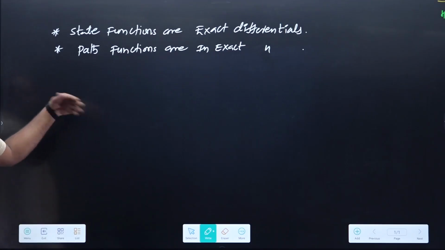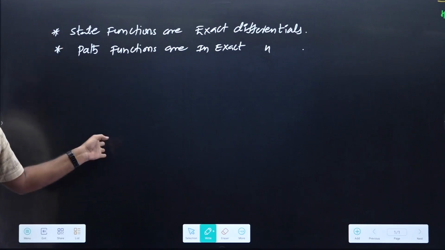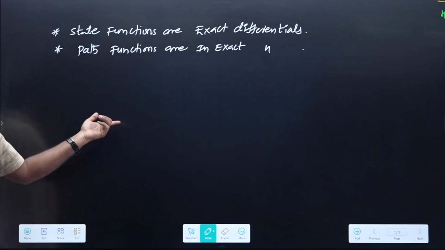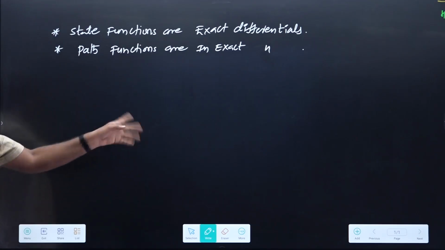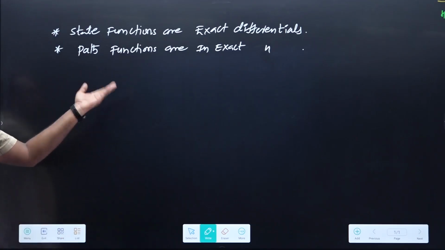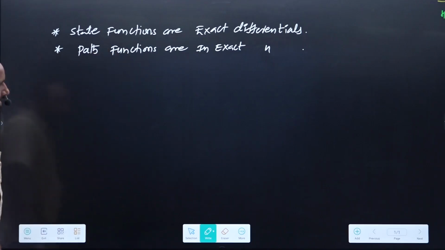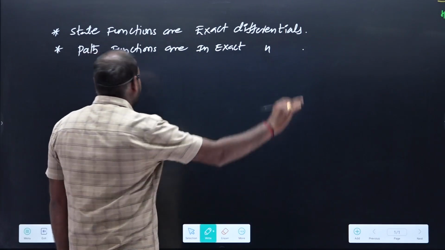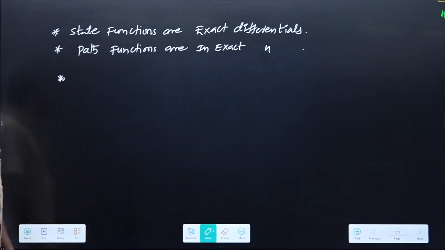See, when we discussed whether the properties depend on the pathway or are independent of the pathway, based on that we are able to get the values with the help of integral values. So that we have also discussed in the previous class, right? What is meant by exact differentials and inexact differentials? So we'll see. State functions are what? All thermodynamic properties, right?